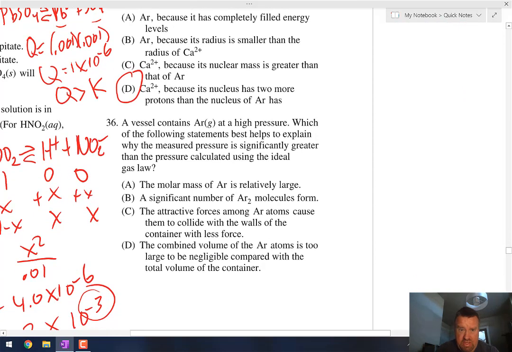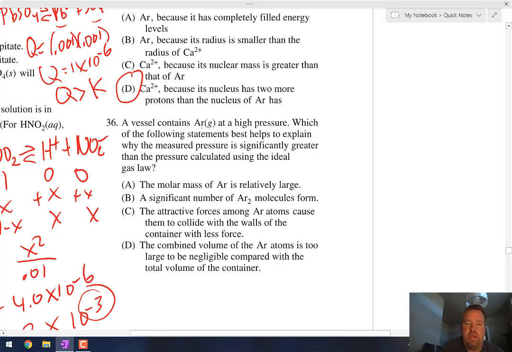Okay, number 36. A vessel contains argon at high pressure. Which of the following statements best helps to explain why the measured pressure is significantly greater than the pressure calculated by the ideal gas law? So again, gases behave like an ideal gas when, remember, there's two things that we assume with the kinetic molecular theory: that molecules aren't attracted to each other and they don't take up any space.